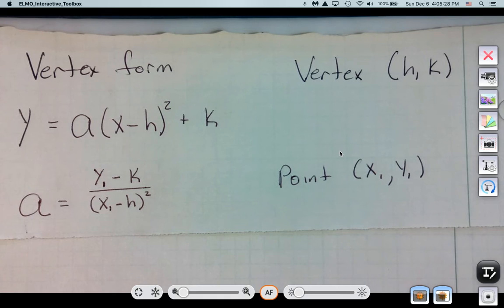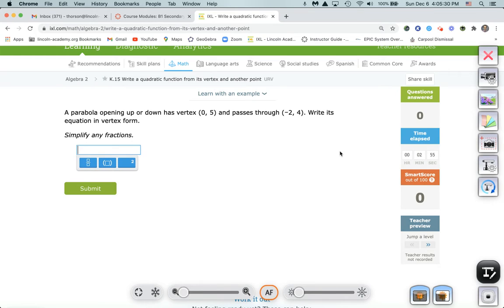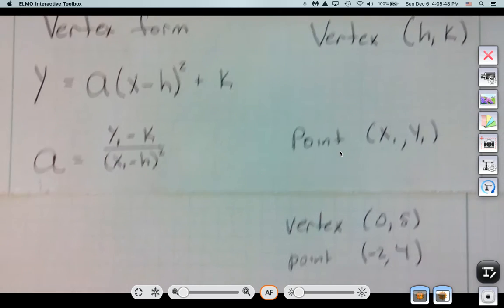So let's do an example really quickly. In your Excel program, they'll give you something like this. They'll give you the vertex is 0, 5, and they'll give you a point, or it passes through the point, -2, 4. So I've written those down here.